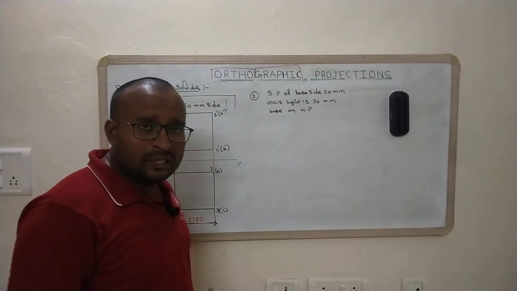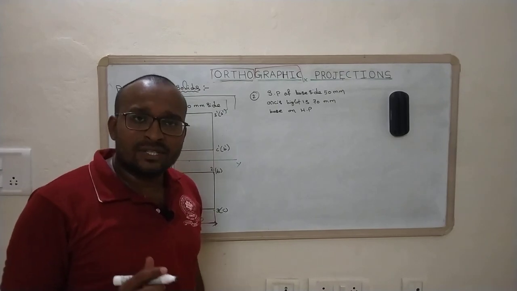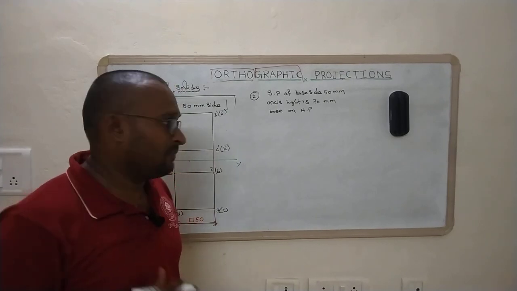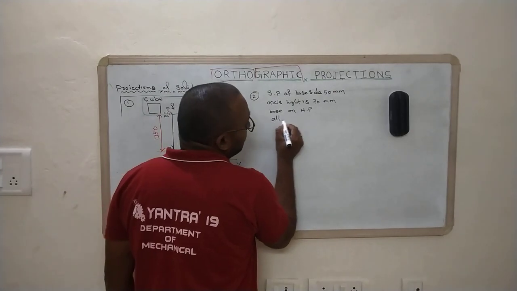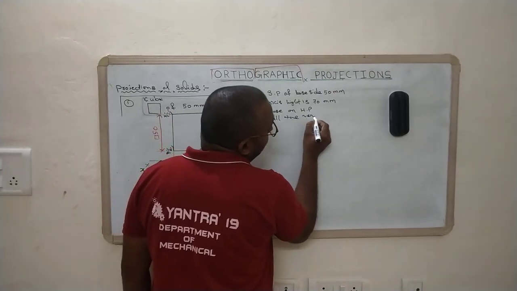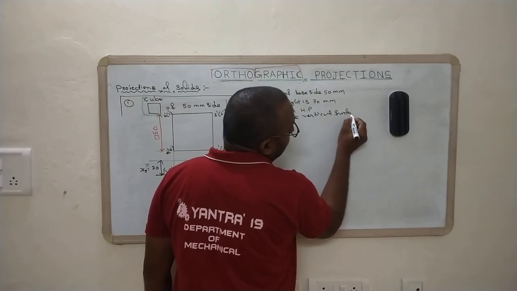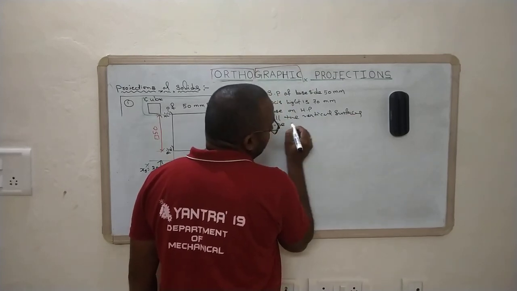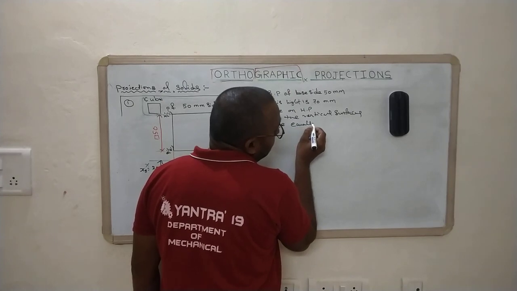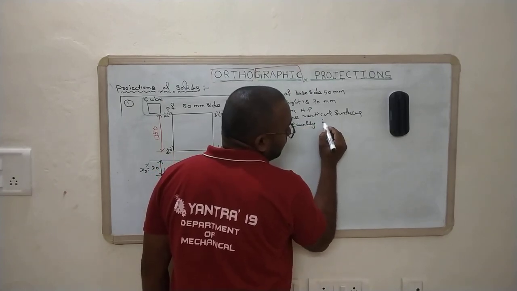Then all the vertical surfaces are equally inclined to VP.